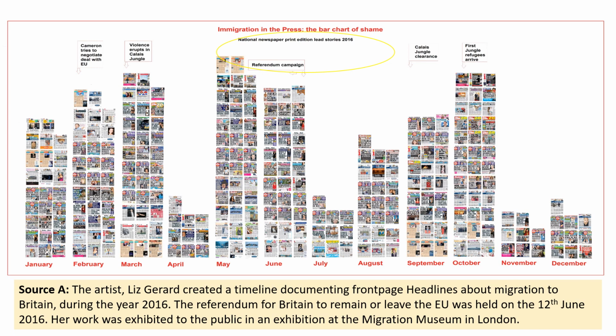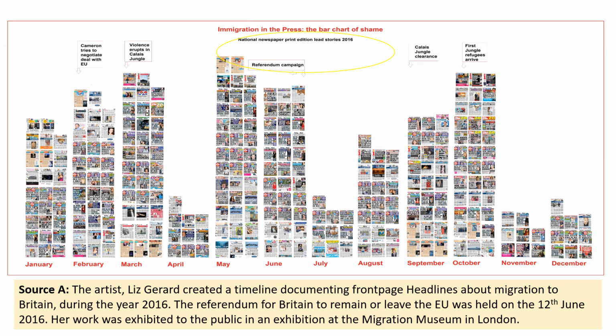And you can see, hopefully, on your bar chart that in May and June we have some of the biggest spikes, particularly in May, which has the most front pages with a negative impression about migration. And Liz Gerard's work was exhibited to the public in an exhibition at the Migration Museum in London. So hopefully you've got a bit more understanding about that.